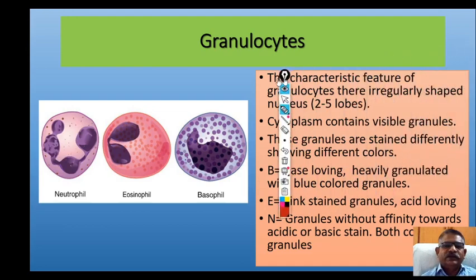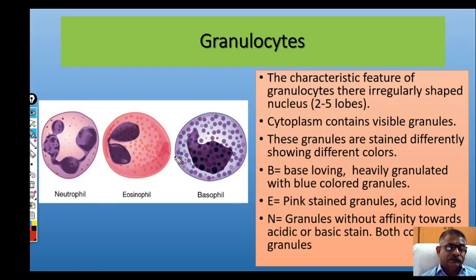Now when we say these are bilobed, there is always a chance of confusion when identifying them under a light microscope. So at that time you need to keep in mind the affinity of these granules towards the dye. As I stated, these show visible granules, but the granules have affinity towards either basic or acidic dye, or equal affinity towards both.